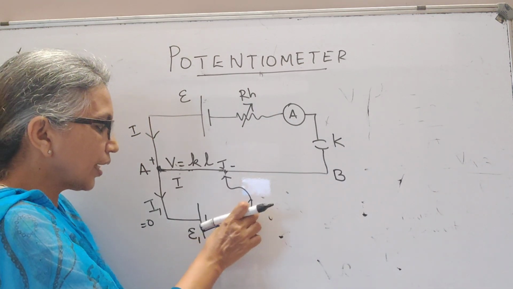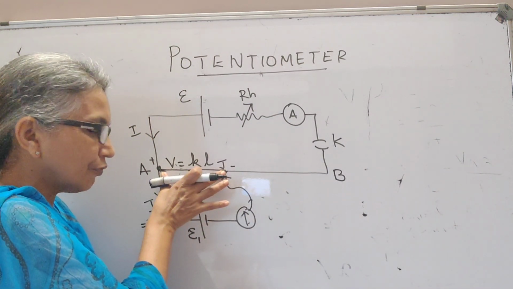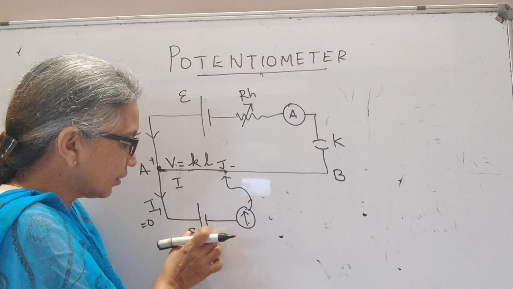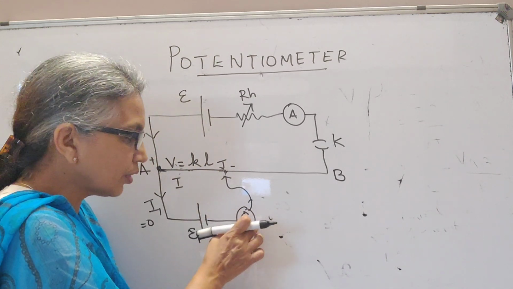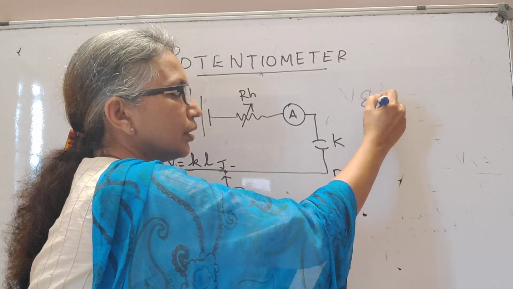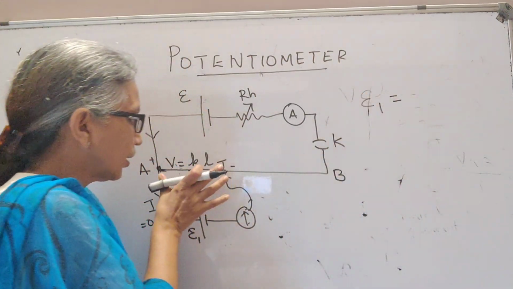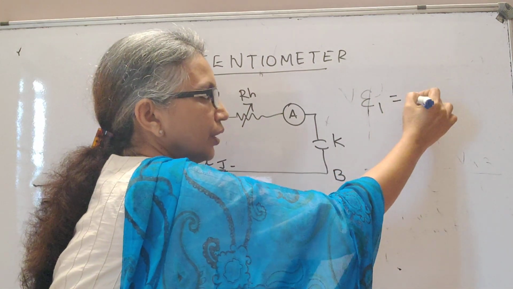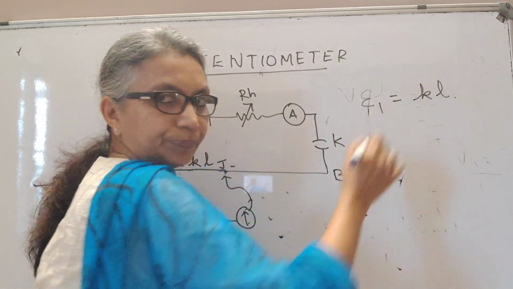So here this galvanometer is connected across this voltage V, which we know as KL, and this cell like this. So if your galvanometer shows 0 deflection, then naturally it means that this E1 is equal to this much potential difference, that is V, which is equal to KL.